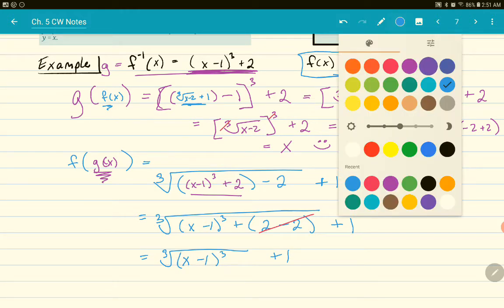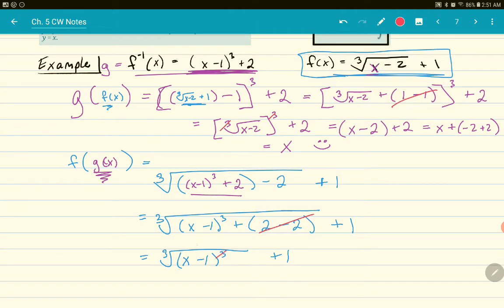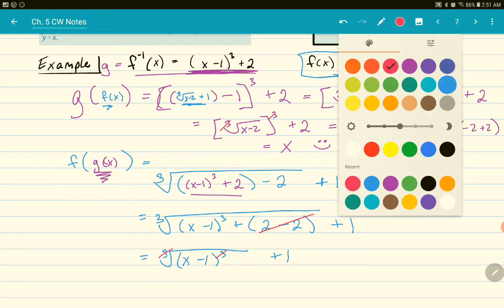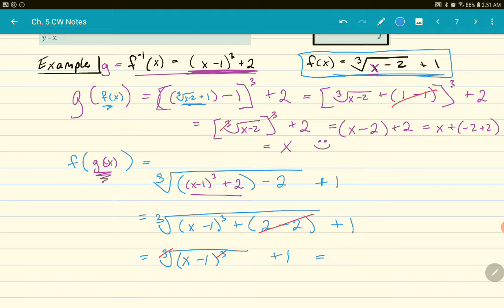And the cubed root of a cube is what's underneath, so that cancels, the cube's gone. X minus 1 plus 1. And I can change the order of that parenthesis again because addition is associative, so I can go x plus a negative 1 plus 1.